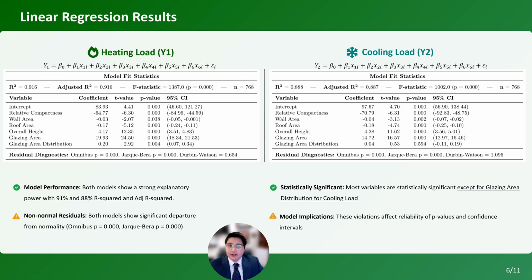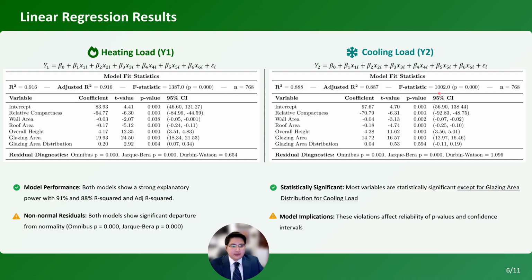After we have a better understanding of our data, we can use this to create a linear regression to fit our model. And this is the result that we get. First let's take a look at the heating load on the left part. We can see that we have a very strong R squared, which means that the model explains 91%, whereas on the cooling load we have a slightly different R squared, but it's still pretty strong.